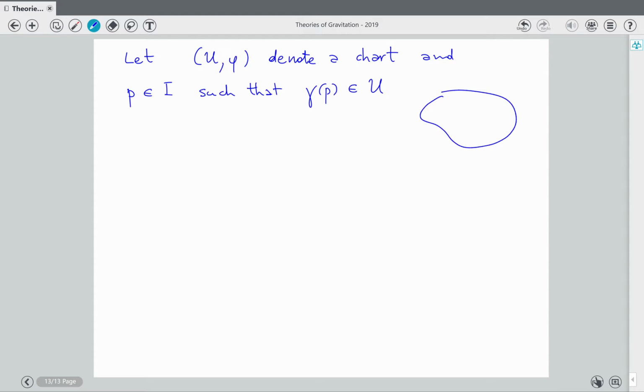So that means you have a certain U, you have a certain I, which is an interval of the real line, you have a certain P in I. Gamma will map, so the curve gamma will map the interval onto some curve, which is in red, and the image of P, gamma of P, we want to fall inside this U, this open set.